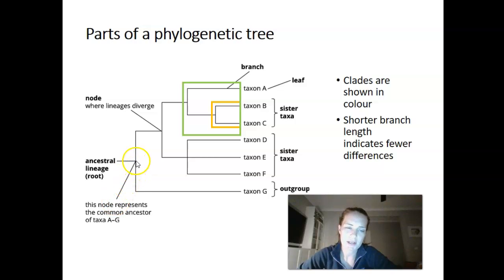And this node here represents the common ancestor of all of our present day species that are just labeled here as taxon A to G. Just a side note, if, say, taxon G was drawn further away back here and not in line with the others, that is a sign that taxon G has actually gone extinct. Everything in line at this point is meant to represent present day. If one of those species is drawn further back, it represents an extinct species. But there's none of those in this example.